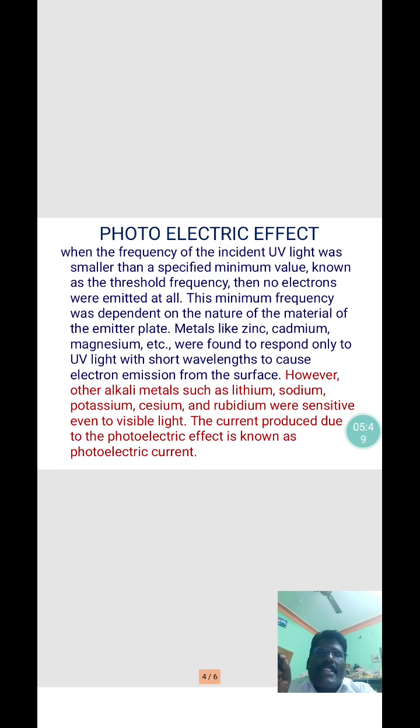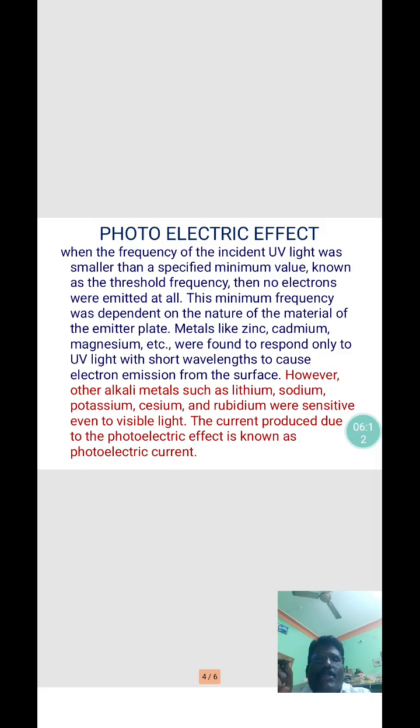Metals like zinc, cadmium, magnesium, etc. were found to respond only to UV light with short wavelength to cause electron emission from the surface. However, other alkali metals such as lithium, sodium, potassium, cesium, and rubidium were sensitive to visible light.